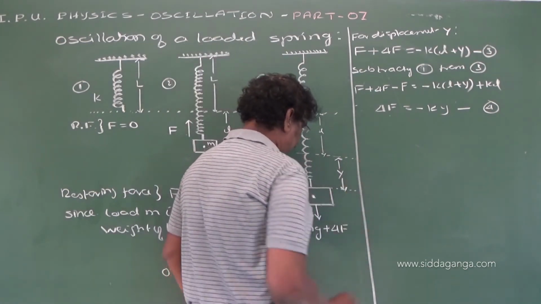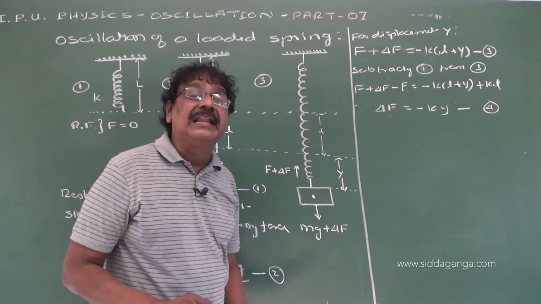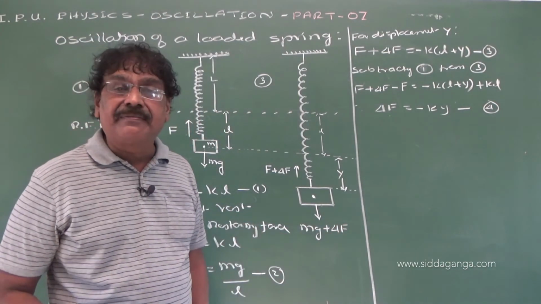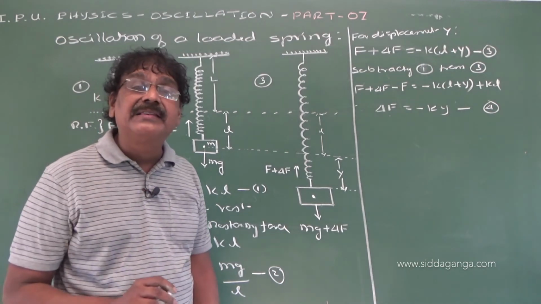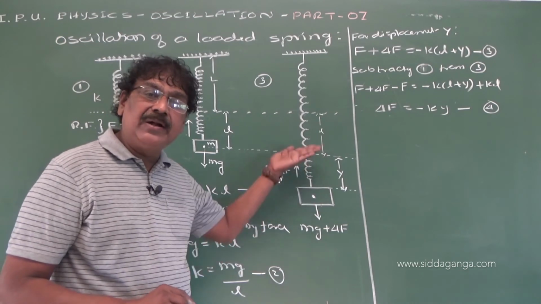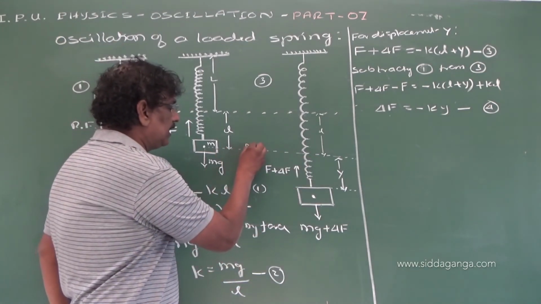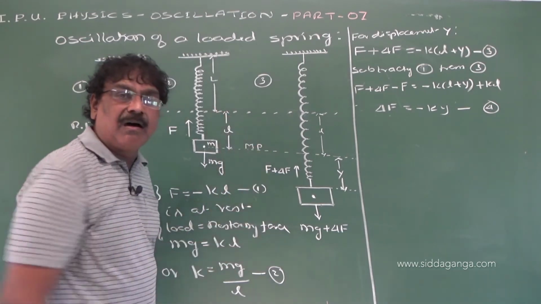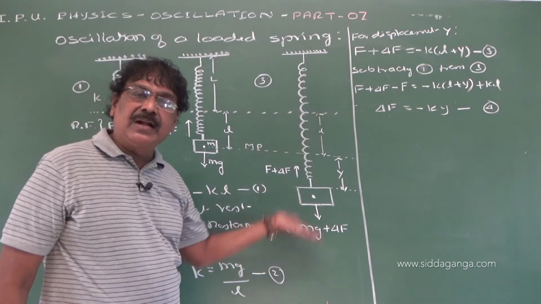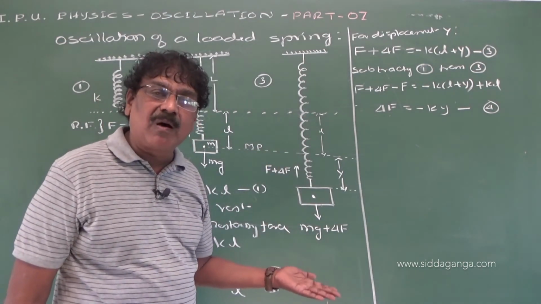Suppose the load is released, then this delta F produces acceleration in the body and the load begins to oscillate about its mean position, that is the mean position of the loaded spring. About this mean position it begins to oscillate, that means it executes simple harmonic motion.